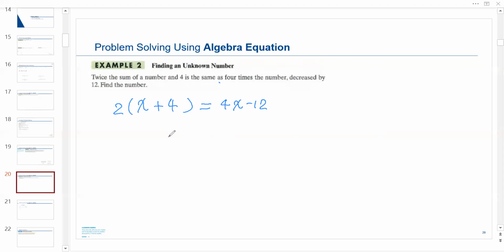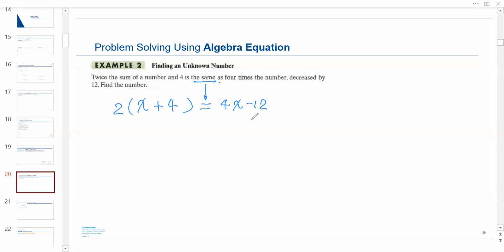Find the number. Let's do that again. Twice the sum of the number and 4 is the same as 4 times the number decreased by 12.